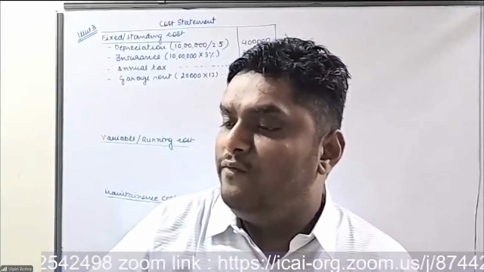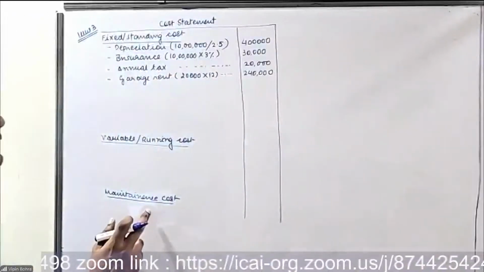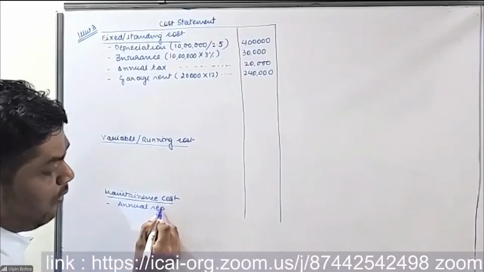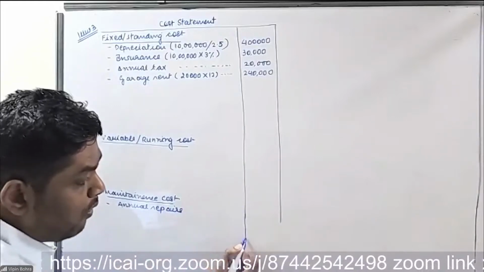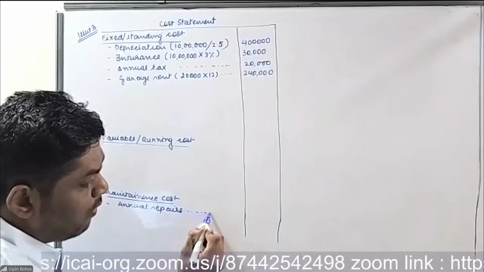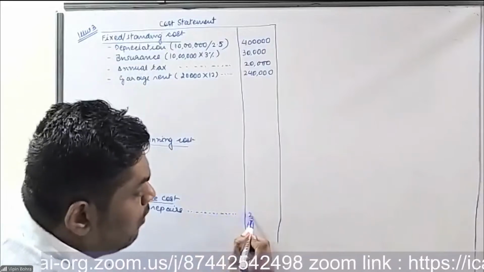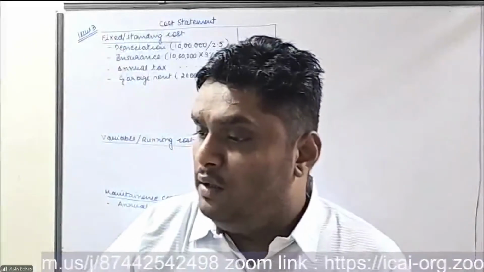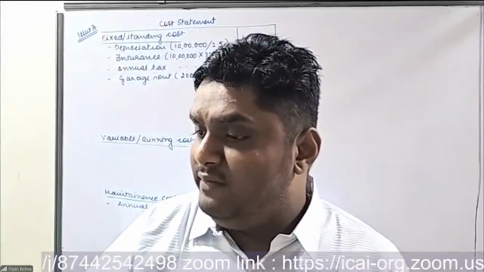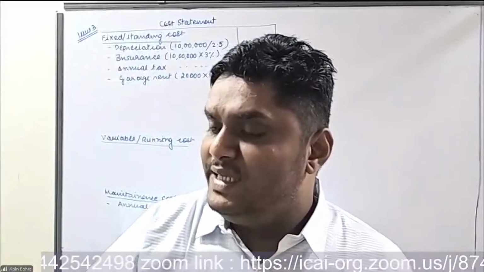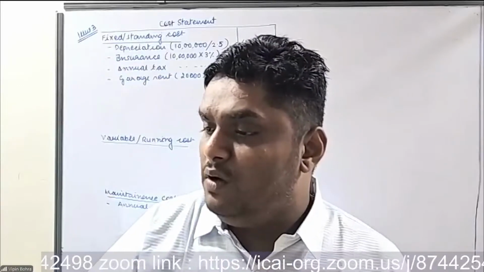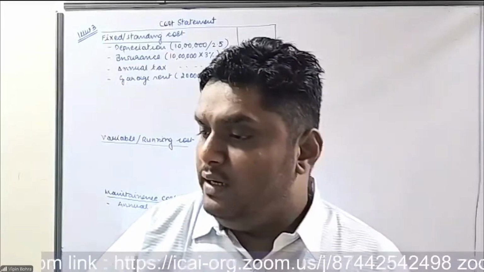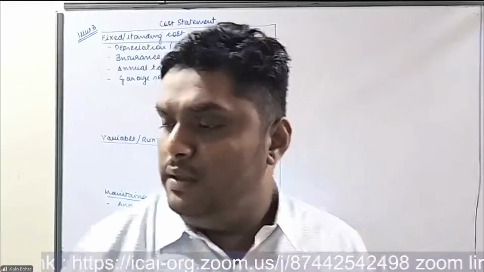Annual repairs are 2,04,000. So this repair cost will go in maintenance cost. Further, the driver and conductor salary is given. So we will take the fixed salary in standing cost and the commission in the variable cost. Herein, the driver and conductor salary is 30,000 and 25,000 per month.